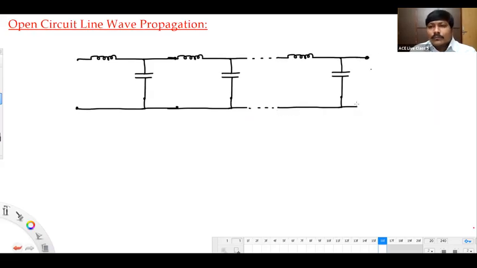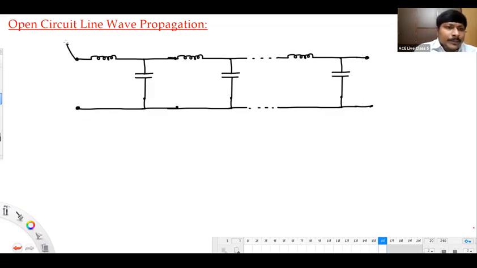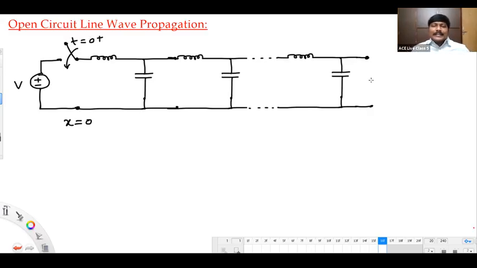On this side we are keeping one DC voltage source V at x equals 0. The switch is to be closed at time t equals 0 plus. Each and every section has equal values of L and C. It is x equals L at the receiving end.